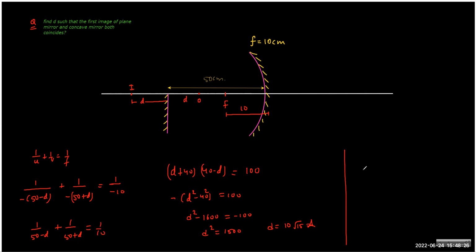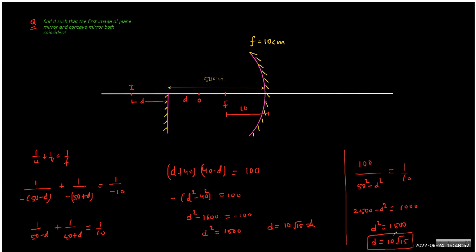Solve it. Let me just match it. There should not be any problem. So 100 upon 50 square minus D square is 1 by 10. So 50 square is how much? 2500 minus D square equals 1000. So D square is how much? 1500. So you can see the answer is 10 root 15.